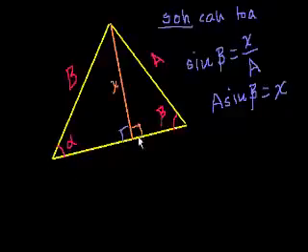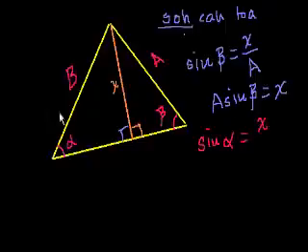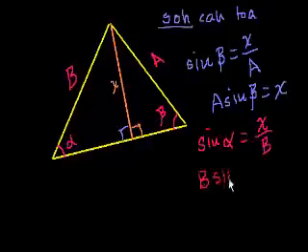So sine of alpha is equal to opposite over hypotenuse, x over B. Let's solve for x again: multiply both sides by B, and you get B sine of alpha is equal to x.